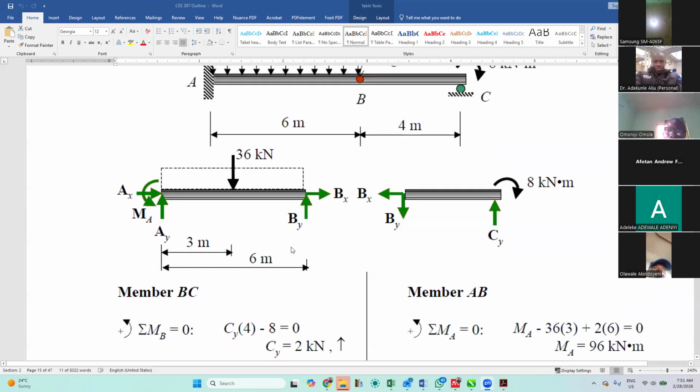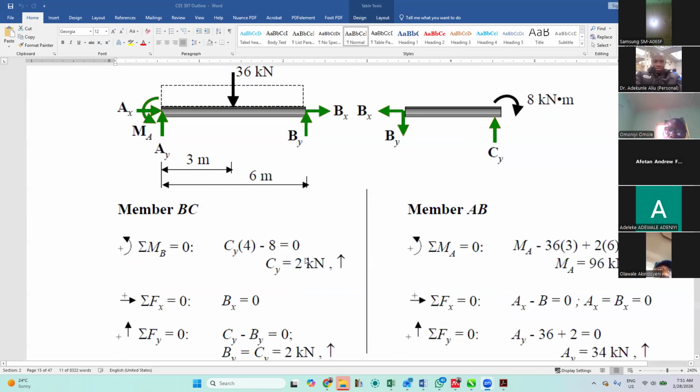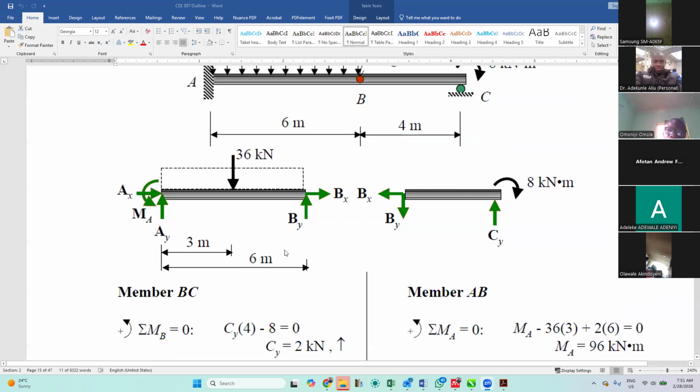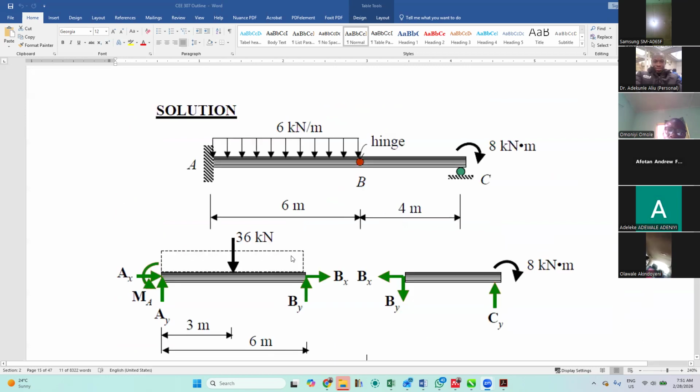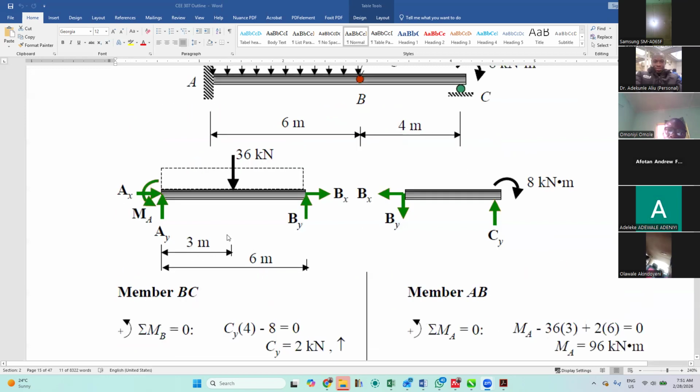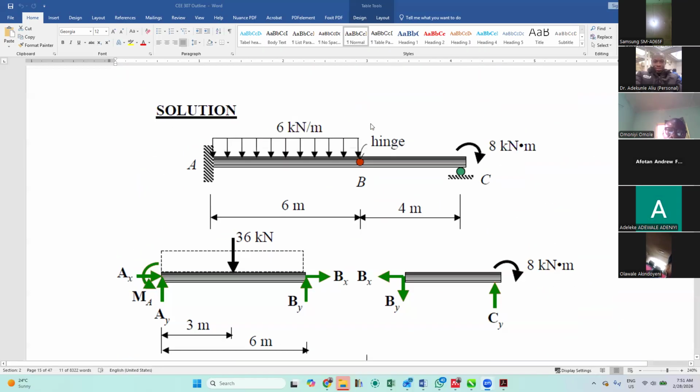In this particular one, let me just look at this example. Now, let's say I have a force here and I want to get the force at this other end. Normally we are looking for AY, AX, and MA.